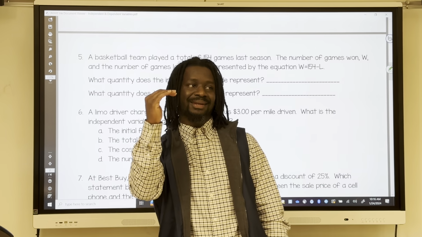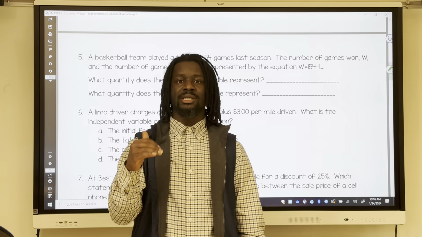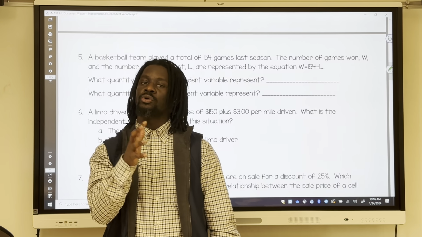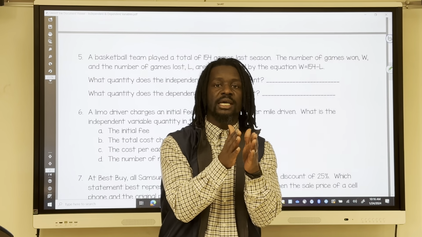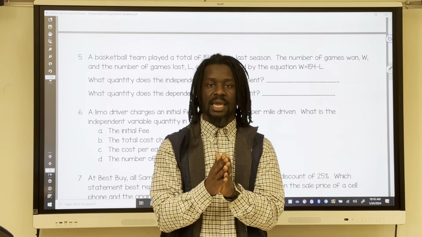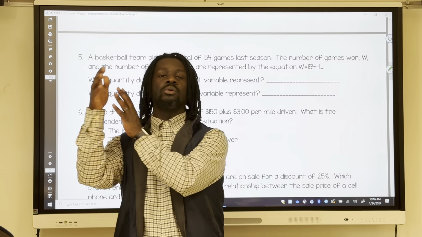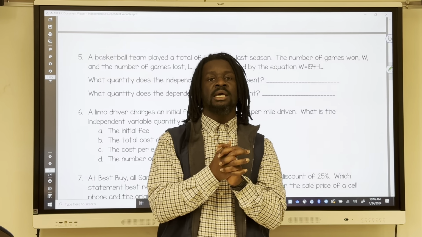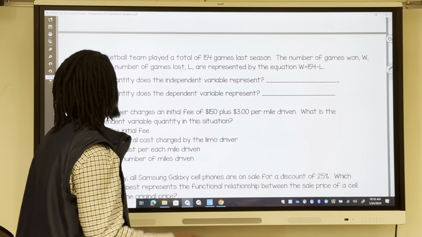The last questions on this notes sheet give you different ways of looking at it, but you're applying the same thing. The idea is for you to figure out what causes the other, which one depends on the other. So the cause leads to the effect. The independent variable leads to the dependent variable. The dependent variable depends on the independent, however you want to think about it.